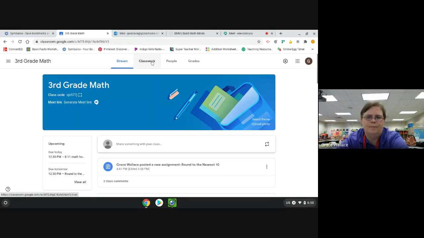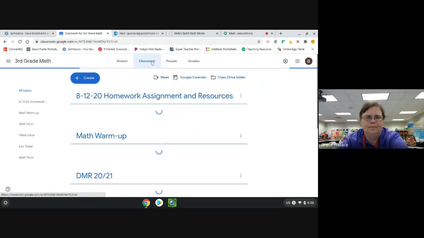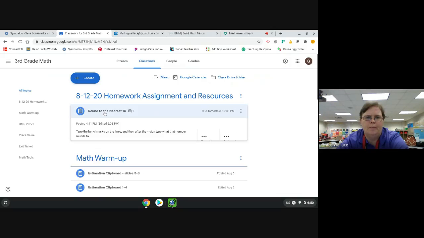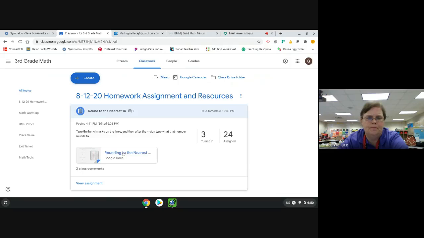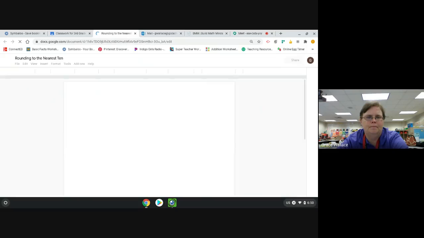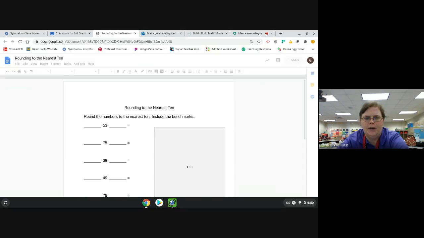Go to classwork. And it's just right here. I'm going to open this up. And you'll find that I also included the hundreds chart if your kiddo needs it. If they don't need it, don't use it. Okay? If they don't need it, don't use it.